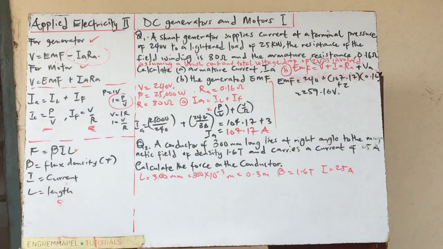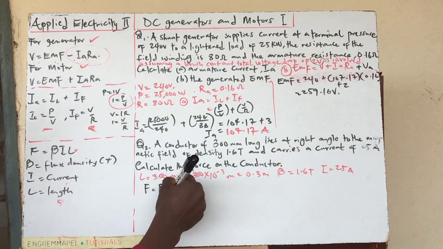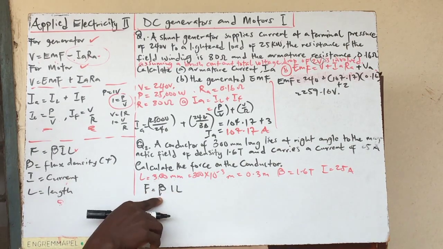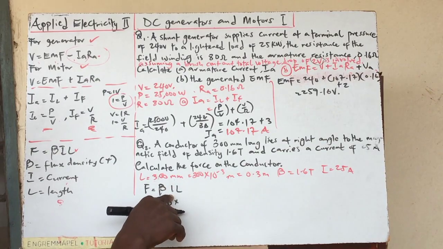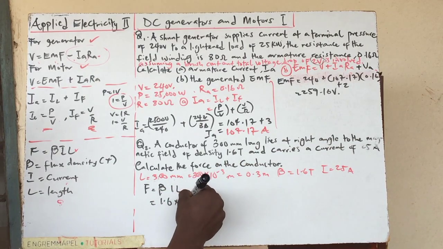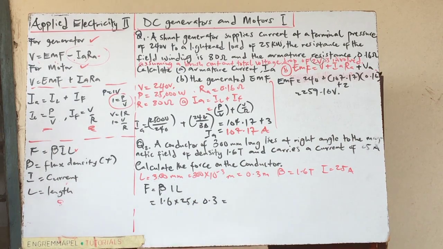This is a direct question that you can do without even thinking, because you know the formula already. So F is equals to BIL. Now this is 1.6 multiplied by our current, 25, multiplied by our length, 0.3. It's a very direct question to get. So now on that we'll be having 12 Newton.